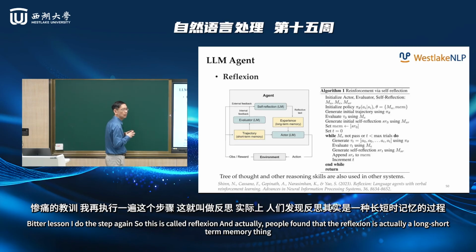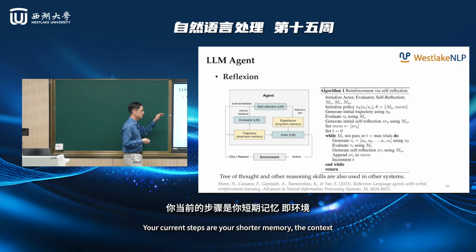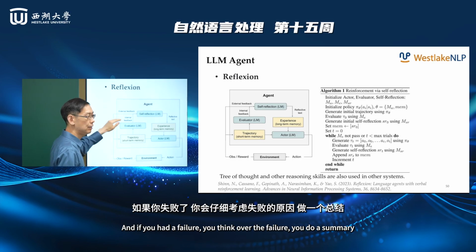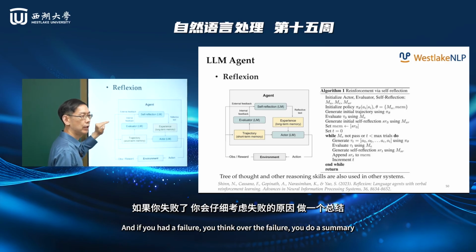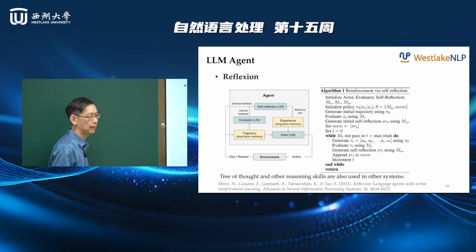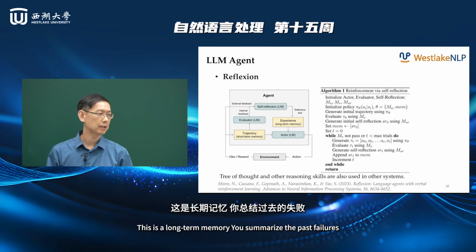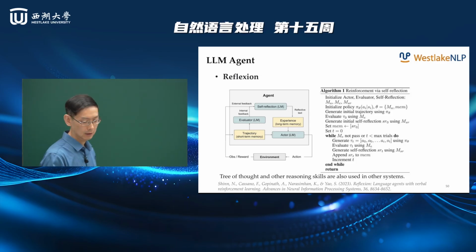And actually, people found that reflection is actually a long, short-term memory thing. Your current steps are your short-term memory, the context. And if you had a failure, you think over the failure, you do a summary, this is a long-term memory. You summarize the past failures.